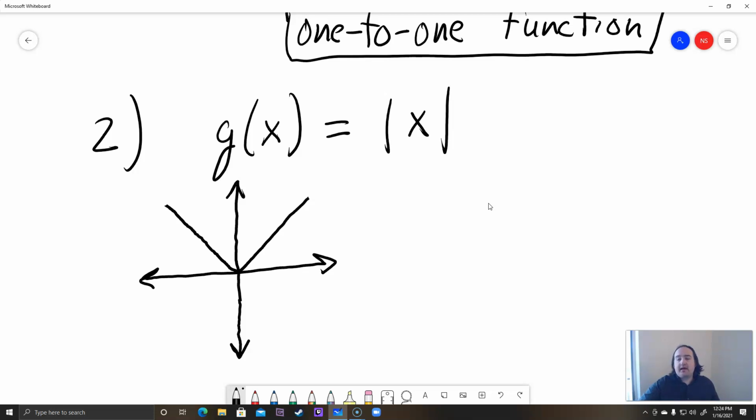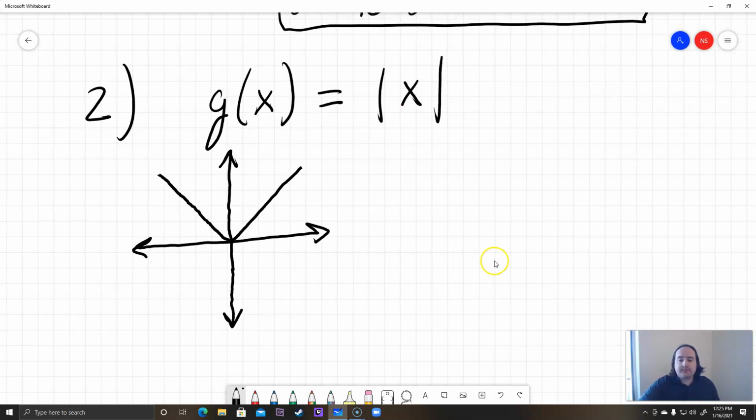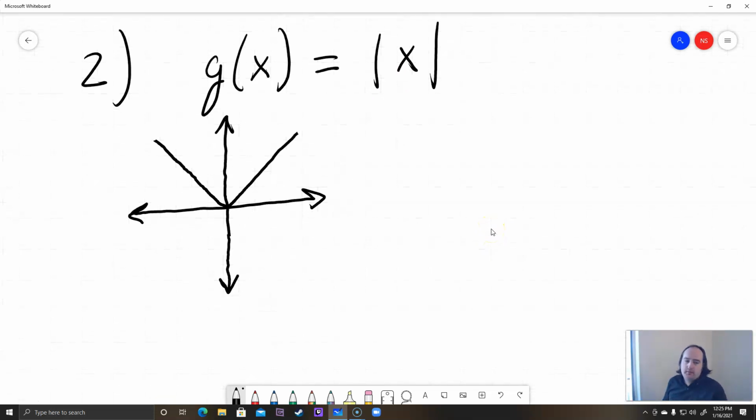But the idea with that is you would have to plug in numbers for both x and y and make sure that for each x you get one and only one y. But that's a little bit trickier, so I would recommend that most people just use a graphing utility or sketch a graph by hand.